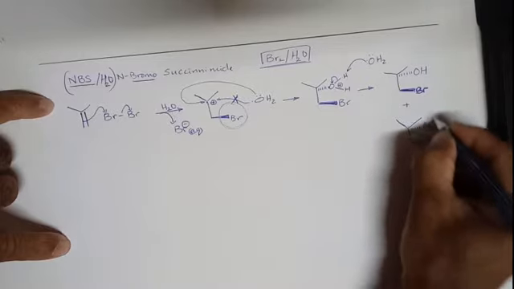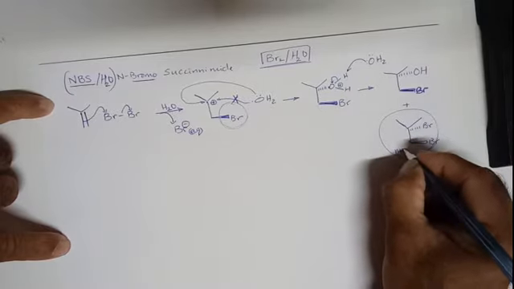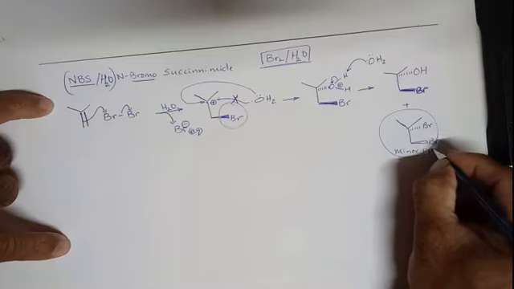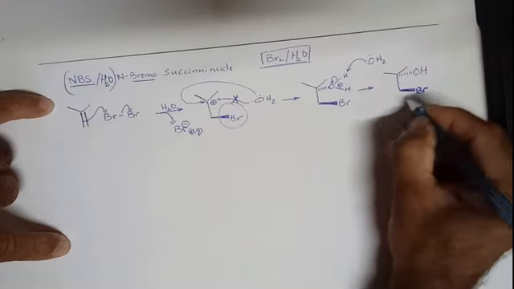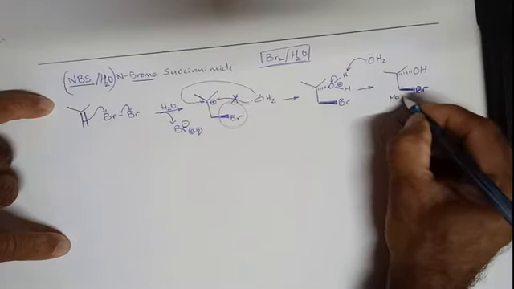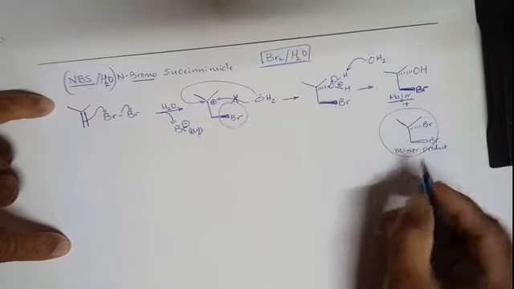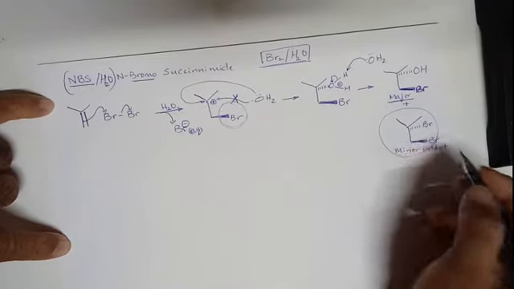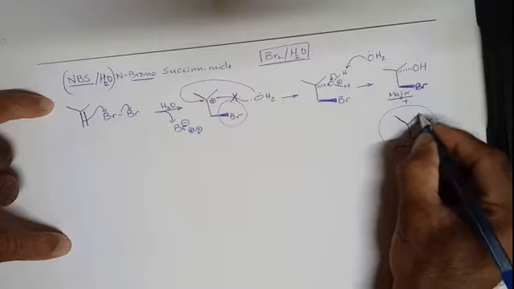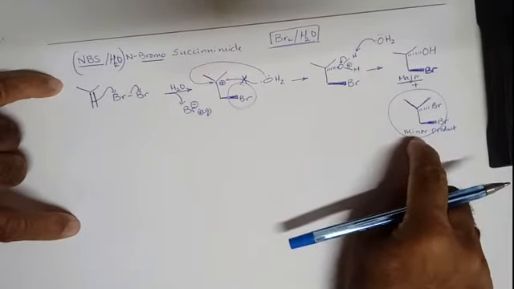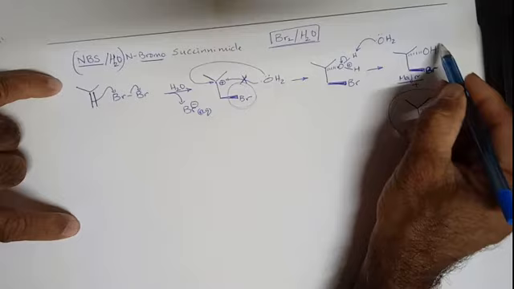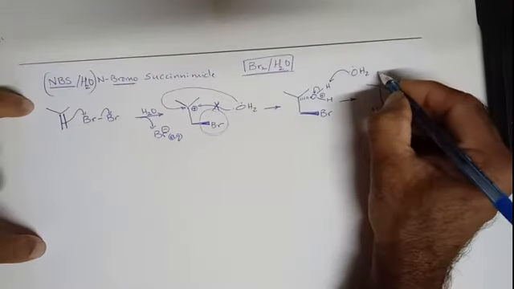So this is a possible minor product. This is major, of course it's major, but there is a minor contaminant that we might get. To avoid this, we want to maximize this bromohydrin.